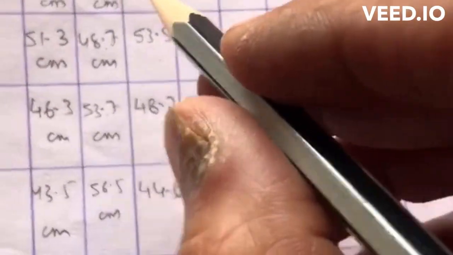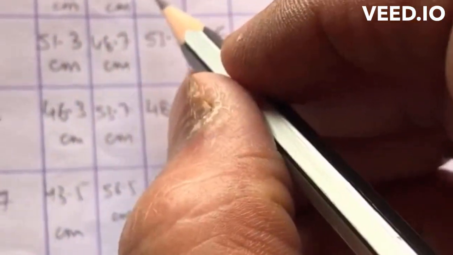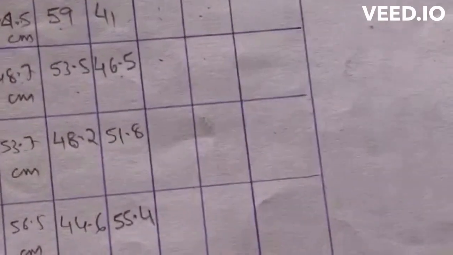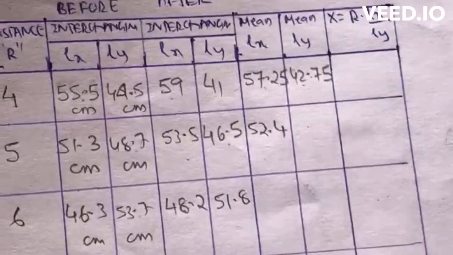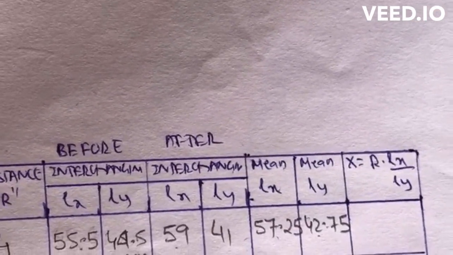I will just take one value here. I'll just show you one calculation. You take 55.5 and 59. You get the total as 114.5.